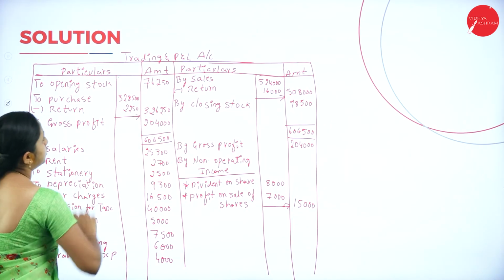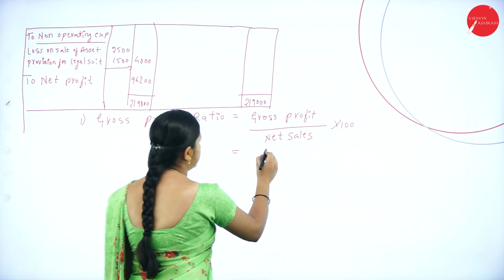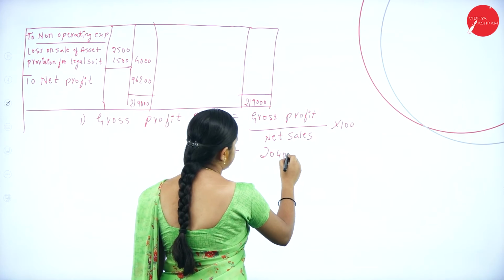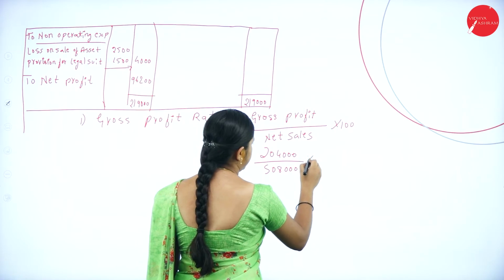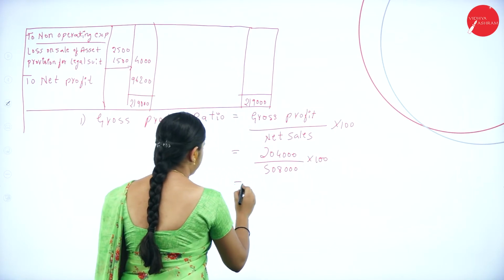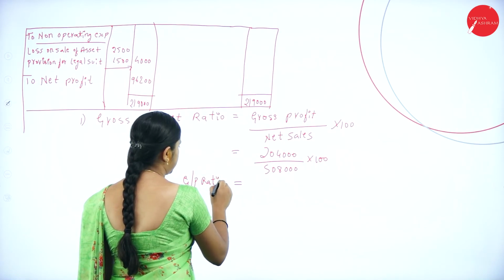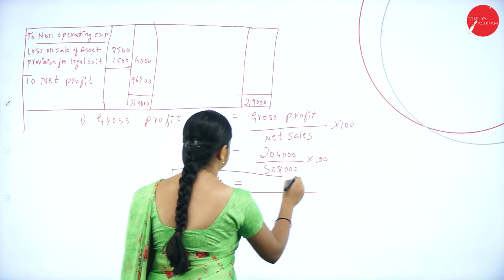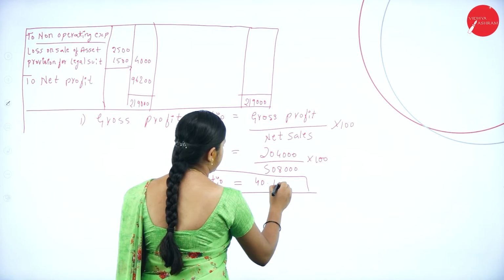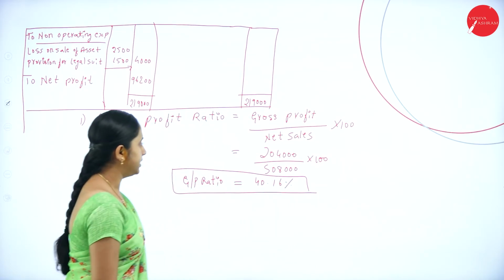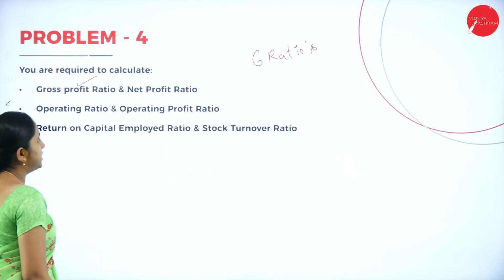Gross profit 2,04,000, net sales 5,08,000, right? 2,04,000 divided by 5,08,000 into 100. Gross profit ratio is equal to 40.16%.